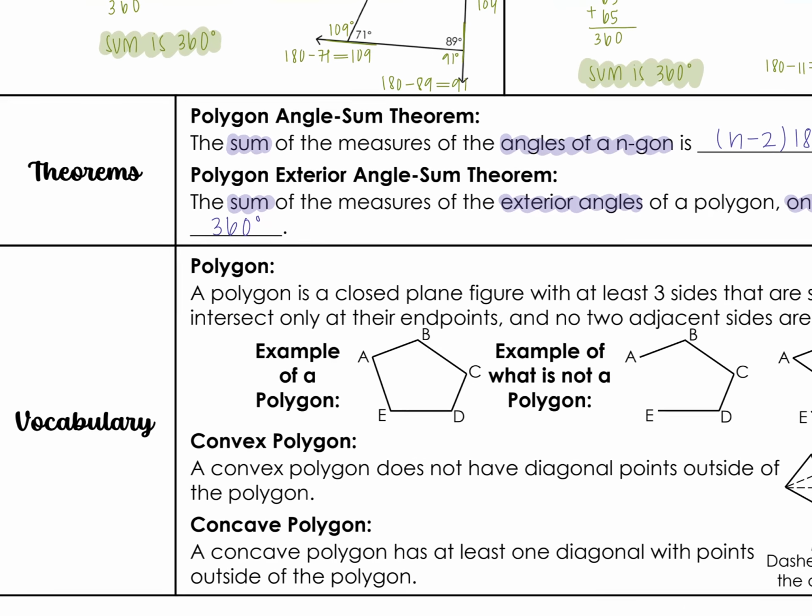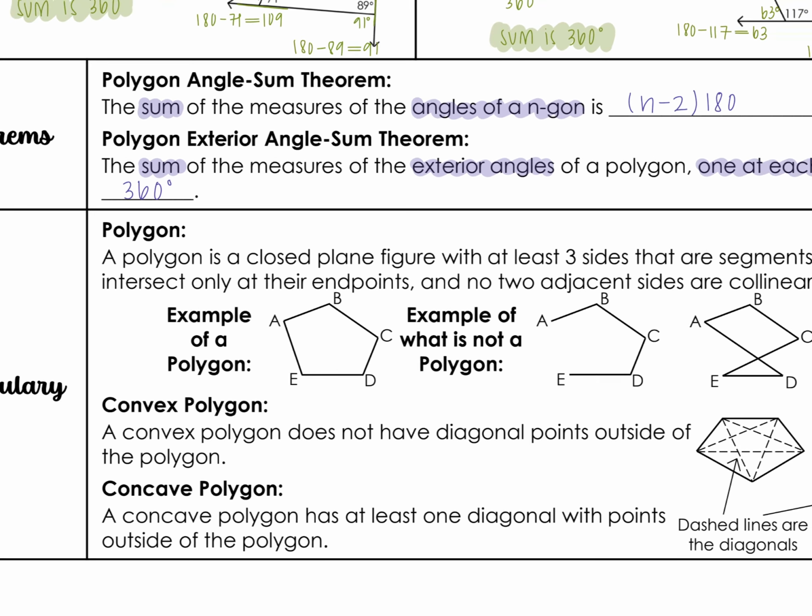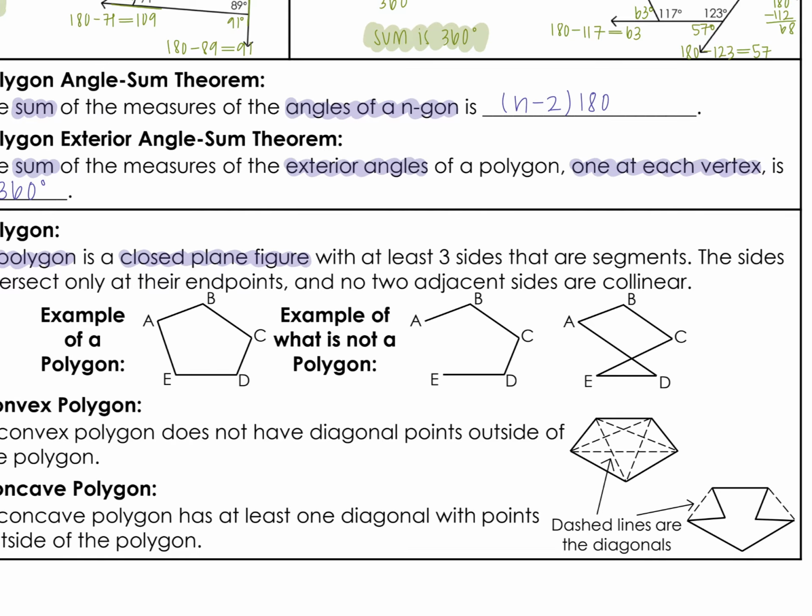Okay, so down below we have some more vocabulary. So we have here that a polygon is a closed plane figure with at least 3 sides that are going to be segments.